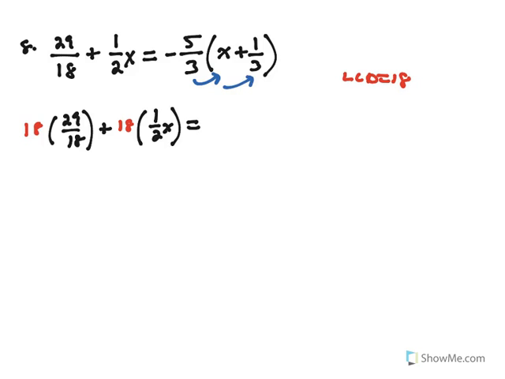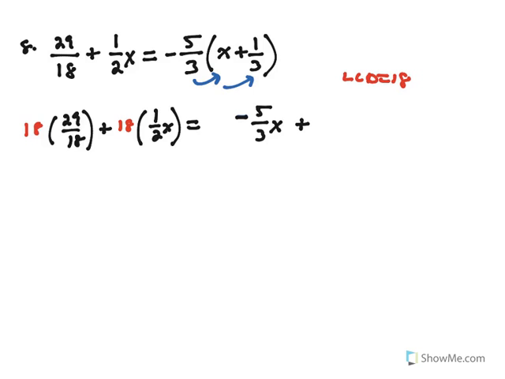Okay, so basically negative 5/3 times x is negative 5/3 x, right? Just kind of put them together. Plus, and then now a negative and a positive is a negative.